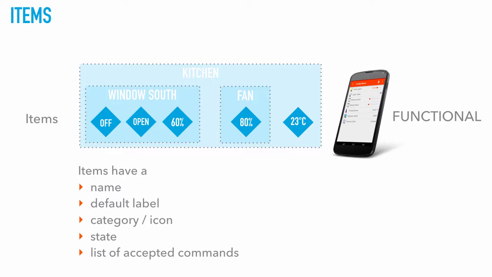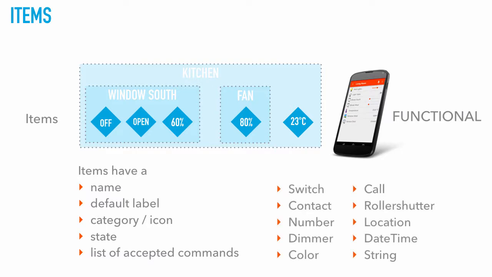It has a state, and you can send certain commands to it. There is a fixed set of item types available in Eclipse SmartHome, and you can find some which are comparable to primitive types in programming languages, like a switch for Boolean value, a number, a string, but also more smart home specific stuff like a color value, a dimmer, a roller shutter, and so on.